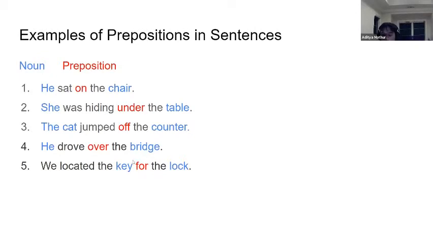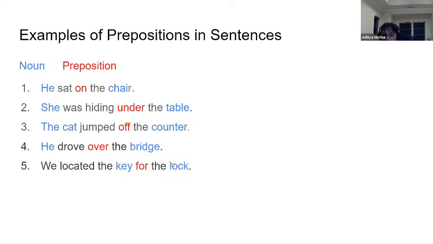Harsh, can you read the preposition in the sentence? What is the preposition in number 5? Which one is the preposition? Remember, key and lock are nouns.